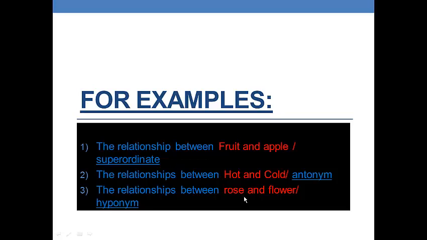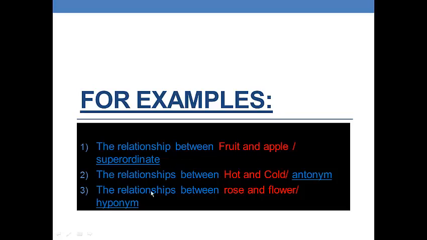When we change like that, we just turn one word on the top upside down and some word at the bottom goes up. And in linguistics we have different words to use. The word at the top is called superordinate. Like fruit is the superordinate of apple, banana or orange.